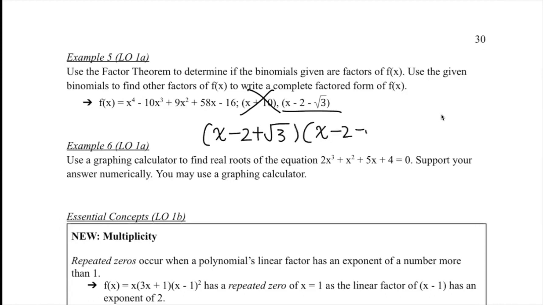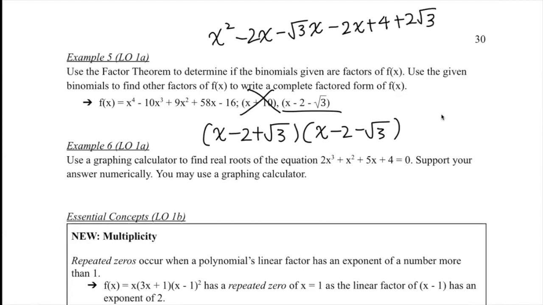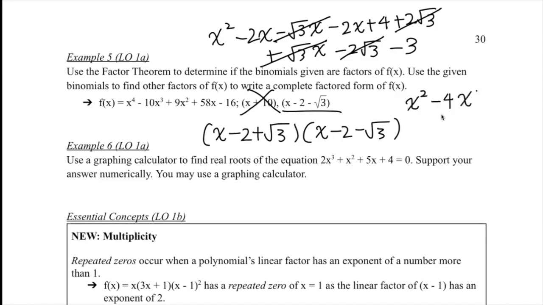So if you were to multiply these two, we get x squared minus 2x minus root 3 x minus 2x plus 4 plus 2 root 3 plus root 3 x minus 2 root 3 minus 3. So cancel off, cancel off, cancel off, cancel off. We're going to have x squared minus 4x plus 1.